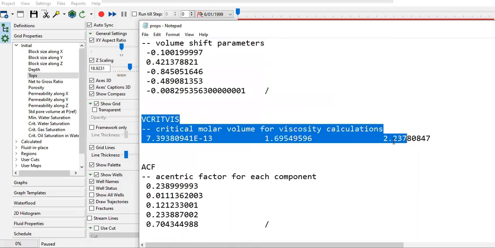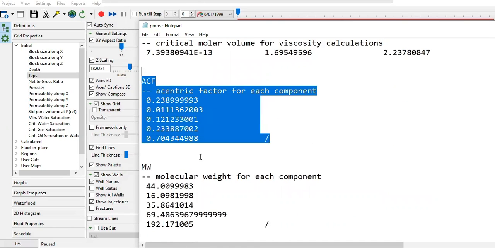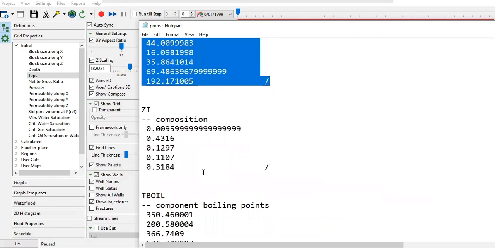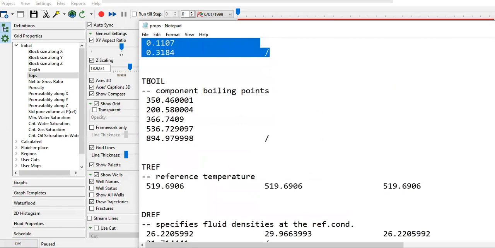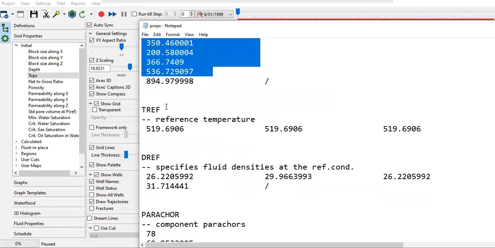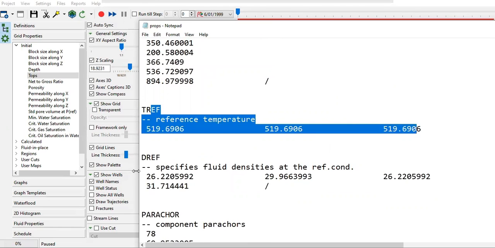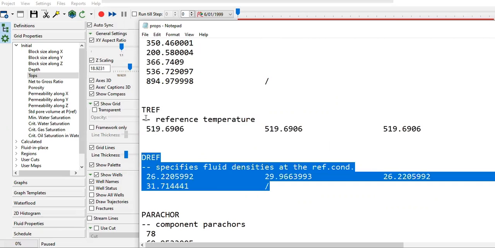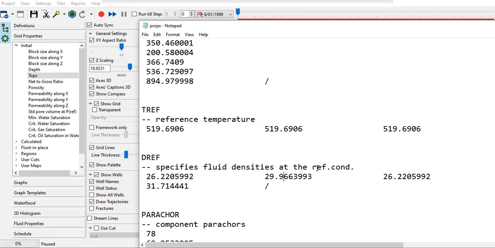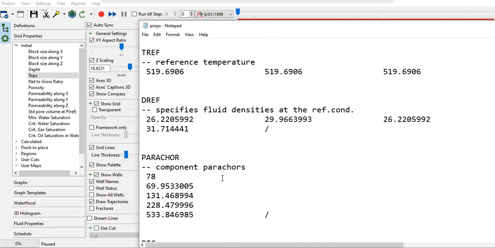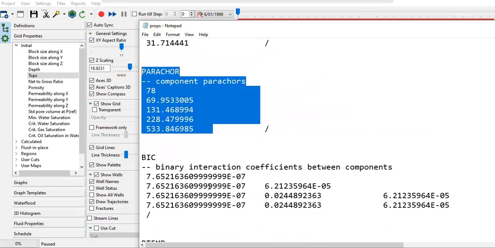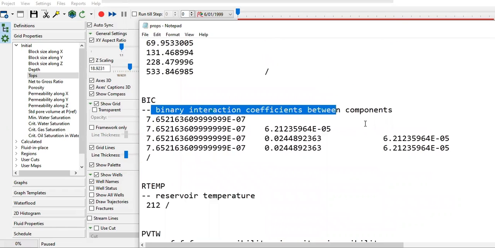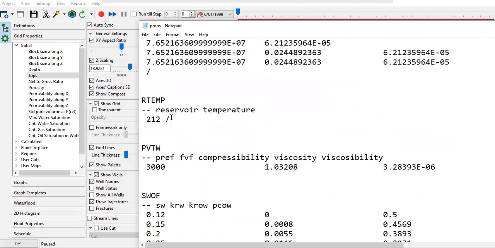Okay, critical volume, eccentric factor, molecular weight, and then this is the composition, boiling temperature, reference temperature, specify fluid density at the reference condition, component parachors, binary interaction coefficient between components, reservoir temperature 212.